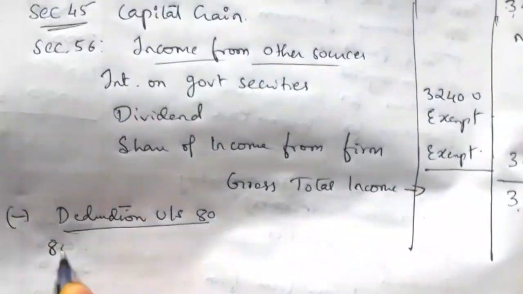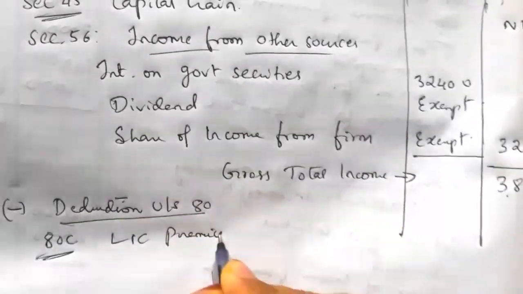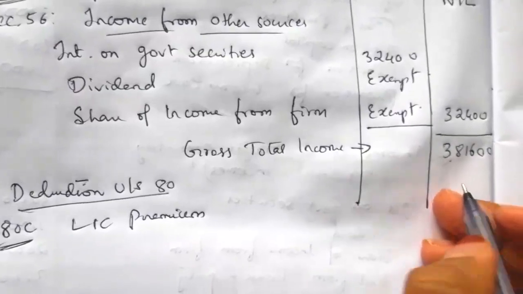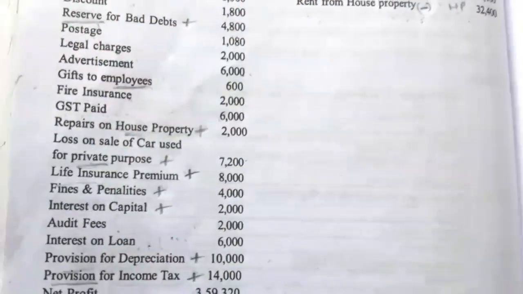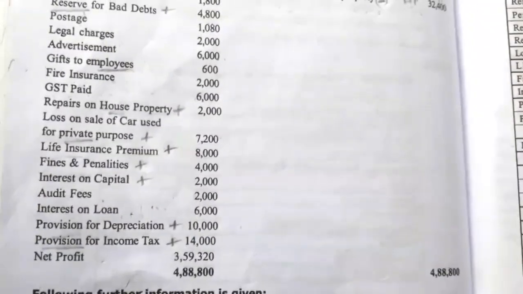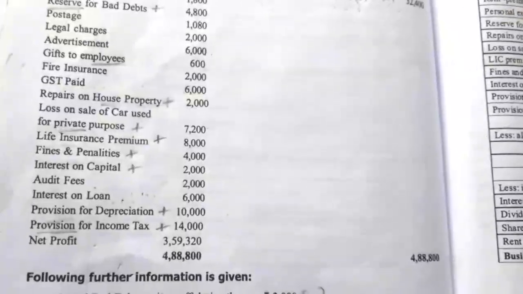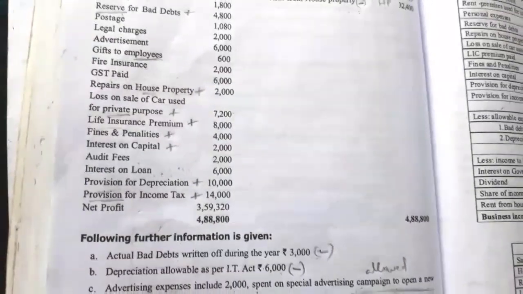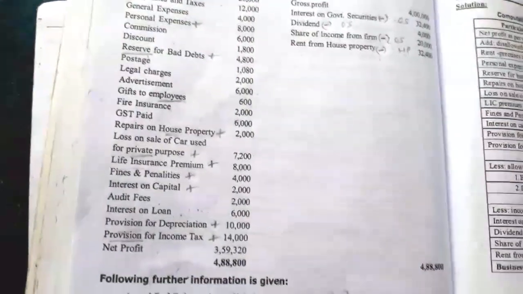The LIC premium paid is 8,000. For this 8,000 he can claim deduction, but there are no other investments or payments made by Kumar where he can claim a deduction. There are no other payments, donations or deductions. So only one deduction, the life insurance premium, and no other deduction.